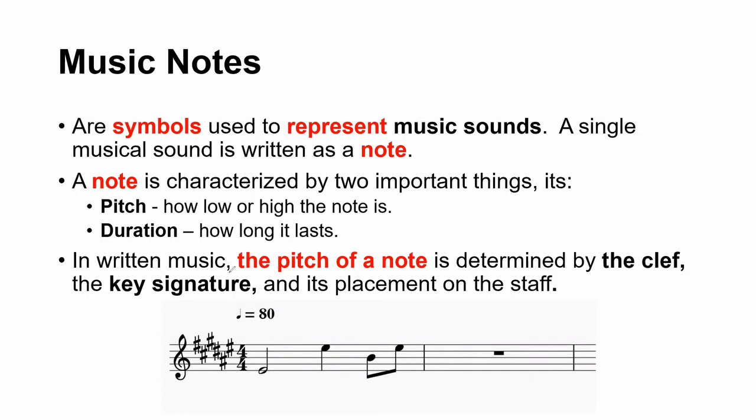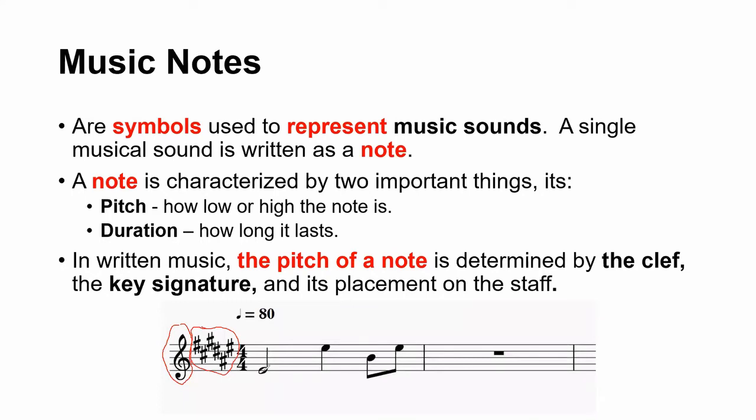The pitch of a note is determined by the clef. Remember what the clef is? This one. The key signature, which is this one, a bunch of sharps and flats at the beginning. And the pitch of the note is also determined by its placement on the staff.